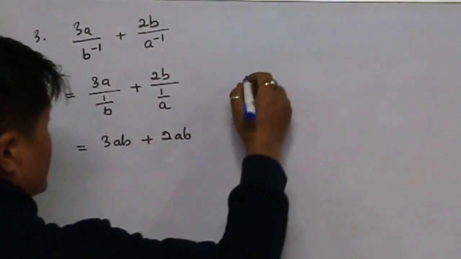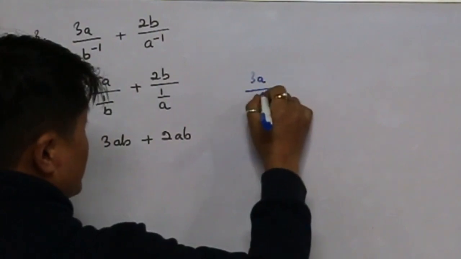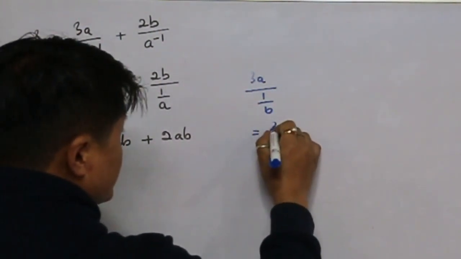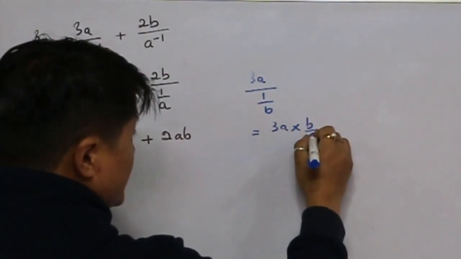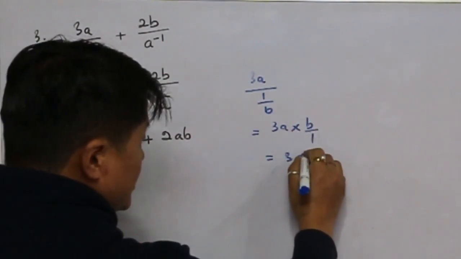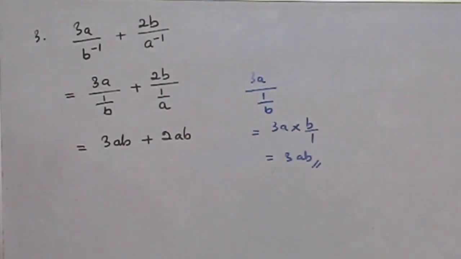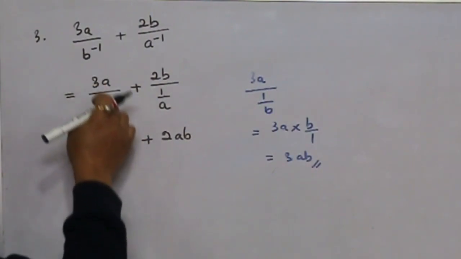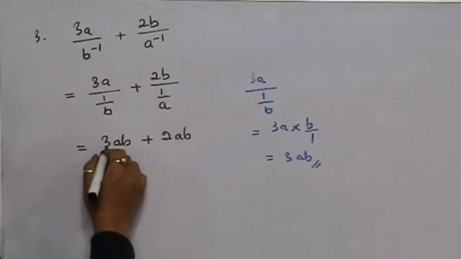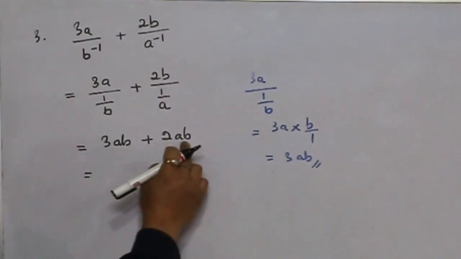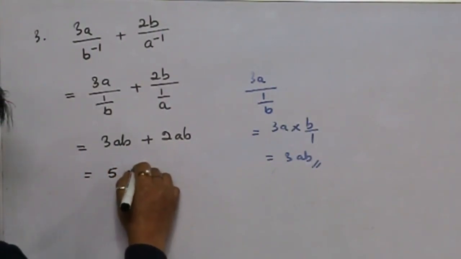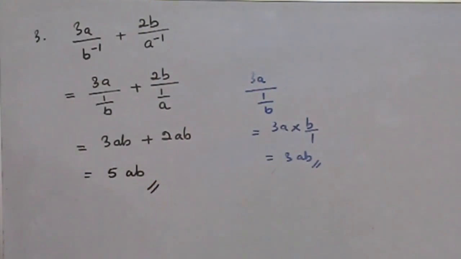So I'll just do 3a divided by 1 by b, which can be written as 3a into b divided by 1. This will give you 3ab. Clear? Similarly we will do it for this one also. Or else, directly, when the denominator has only one term, we can multiply it. Both are similar terms, ab, ab. So 2 plus 3 is 5ab. This is the answer.